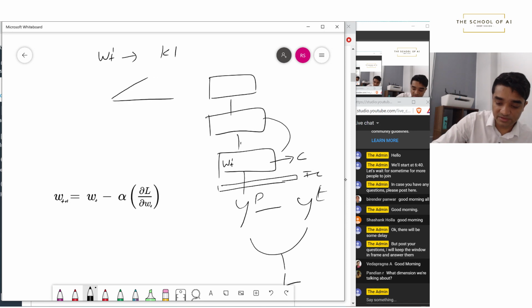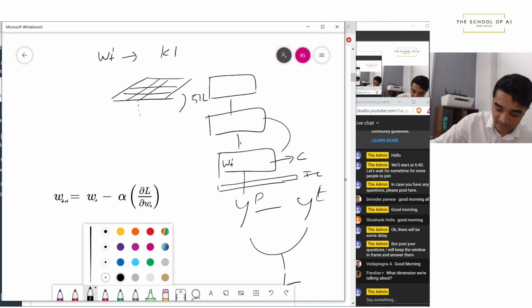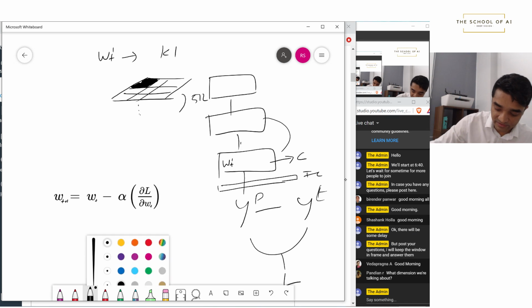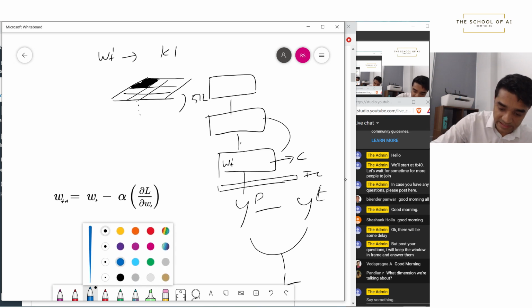And this is going to be 3 cross 3 cross 512, let's say. So we have many of them, but we're talking about this specific kernel, and we're talking about this specific weight, right? So that's the weight we're talking about.